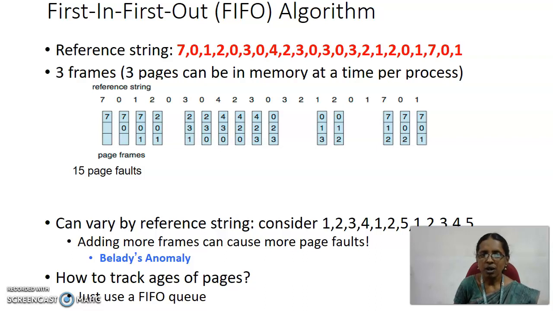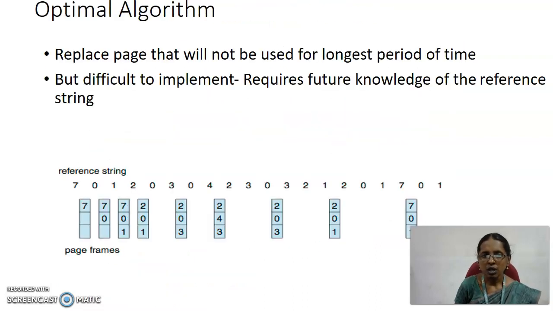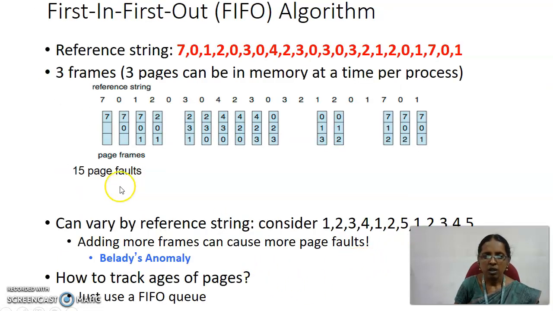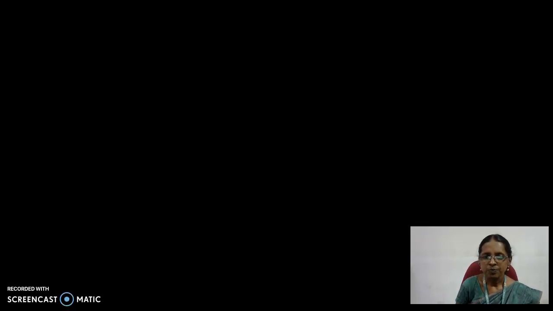It's very simple but not always good. The optimal is very hard to implement but it is very effective. It will reduce the number of page faults. In this case, for this reference string, the number of page faults is 1, 2, 3, 4, 6, 8, 9. And in FIFO, 15 page faults. Right? Thank you.